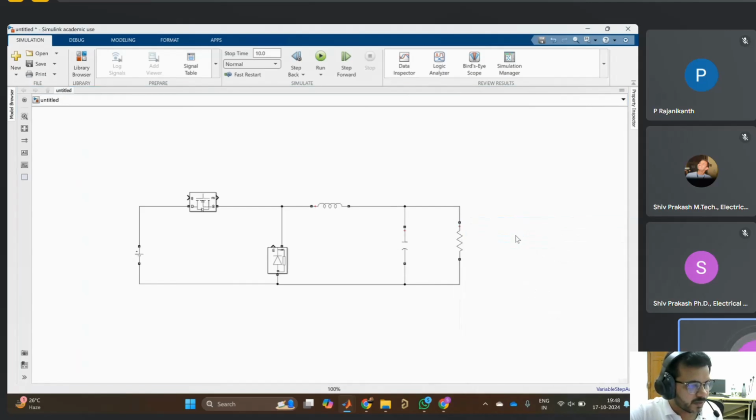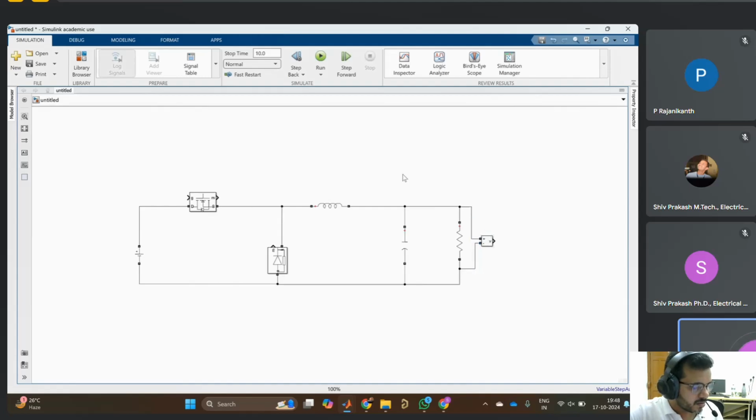Take a voltage measurement to measure the voltage of the output, and make a current measurement to measure the inductor current.